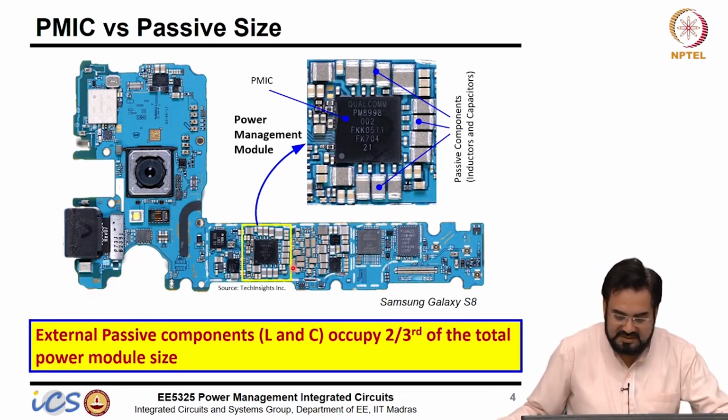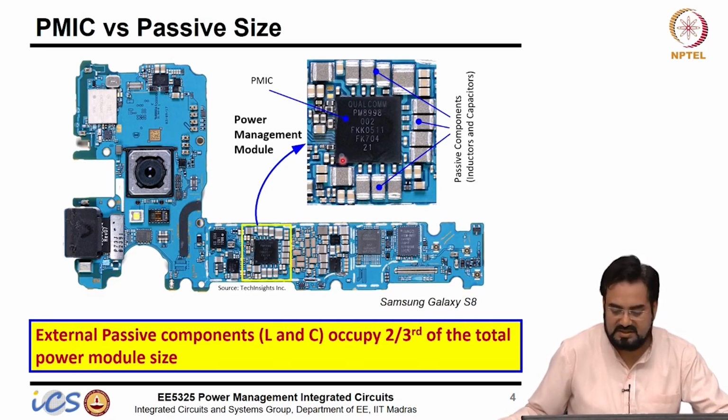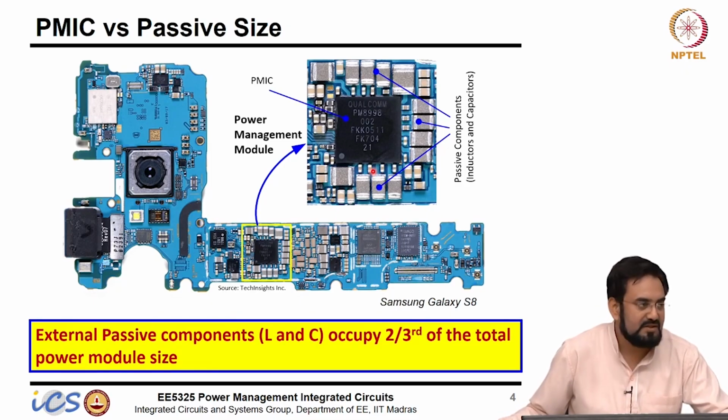So now if you see, this PMIC is surrounded by these passive components, and these are nothing but your inductors and capacitors. The bigger ones you see are mostly inductors, and the smaller ones are capacitors. So almost 2/3 of the total area is taken by your passive components.